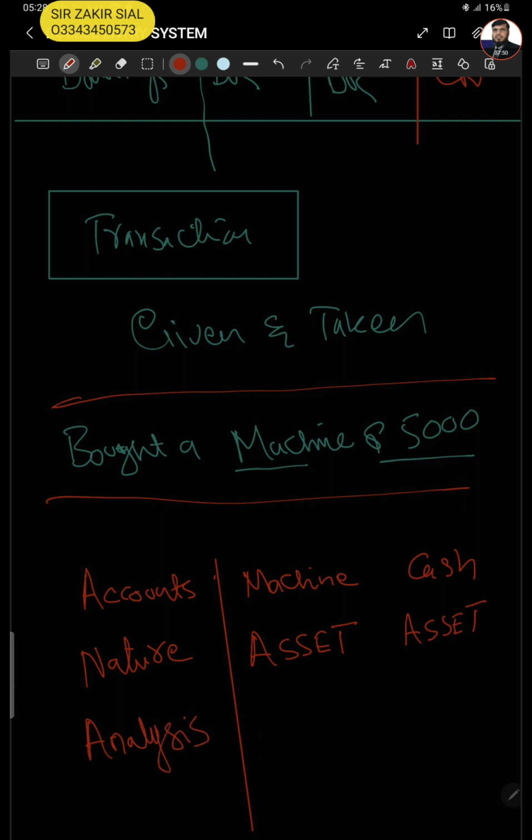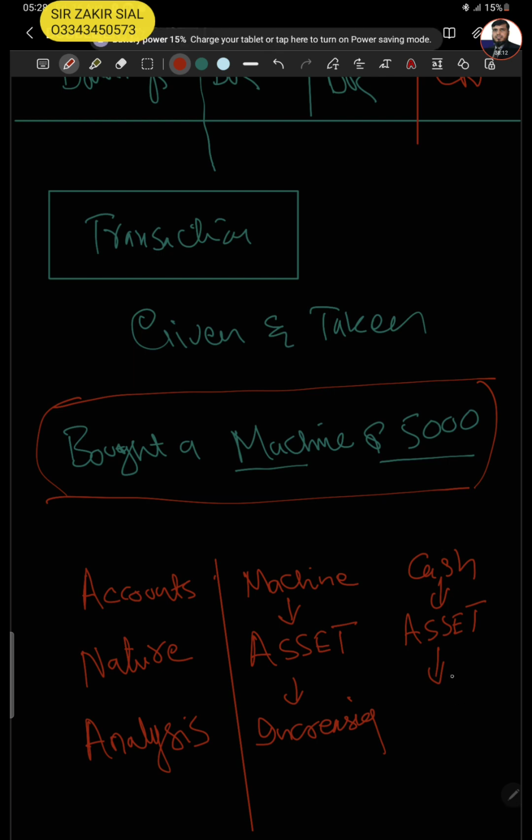In this transaction, when we are buying a machine, the machine asset is increasing in the business, and the other asset, cash, we are paying, so this cash asset is decreasing.